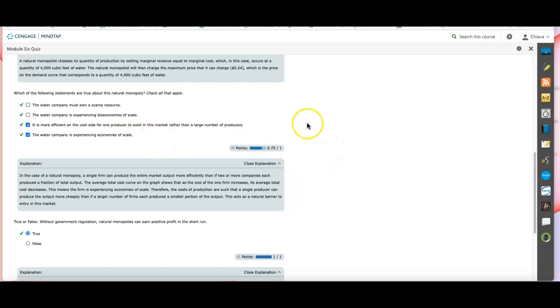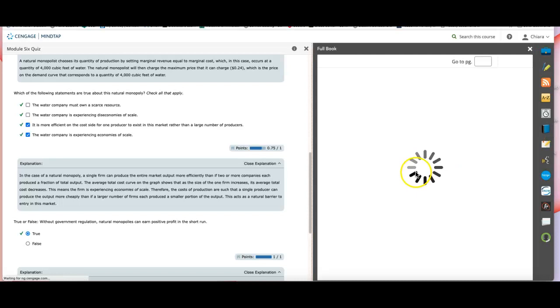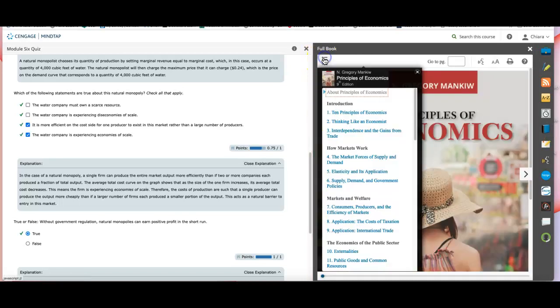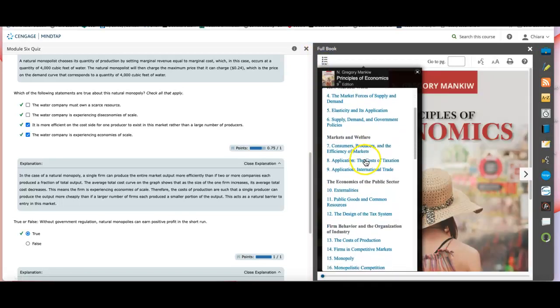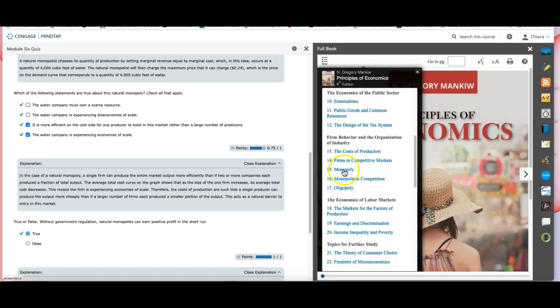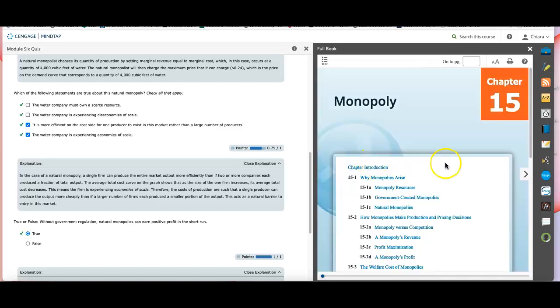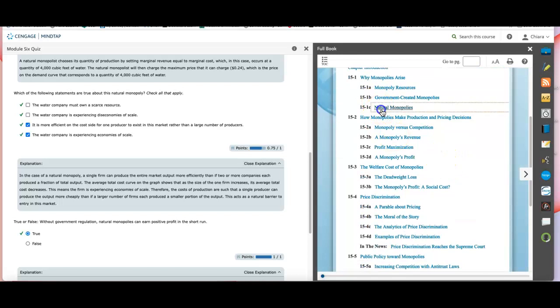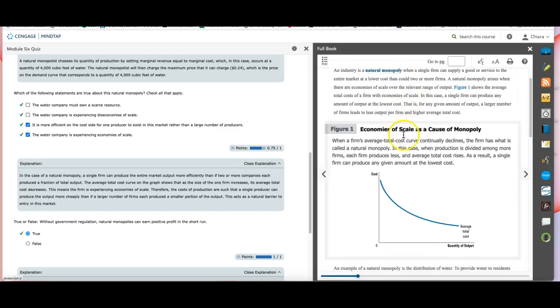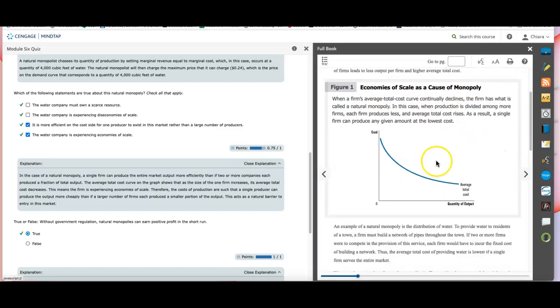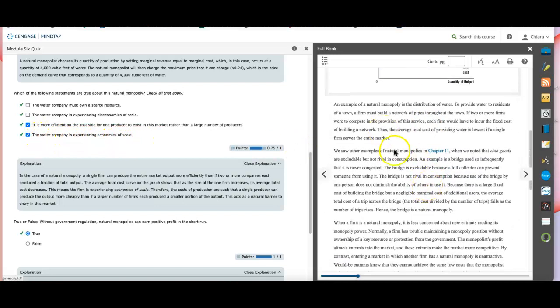And if you're unsure, you can always open the textbook on the side, click on the full book, and you can scroll down and go find monopolies. For example, natural monopolies, and go look. Economies of scale as a cause of a monopoly, right? The average total cost curve is always like that. So you know that the water company is experiencing economies of scale.